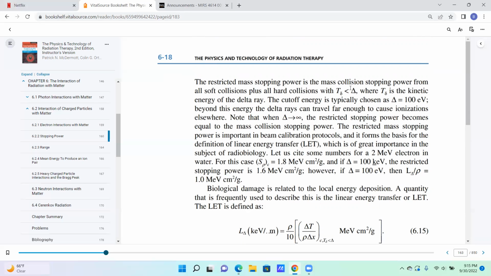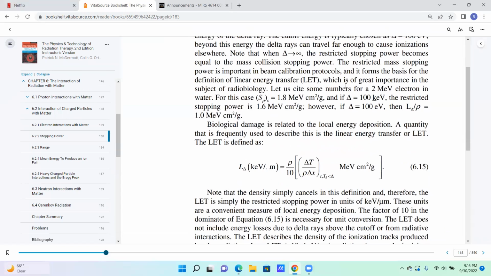The restricted mass stopping power is the mass collision stopping power from all soft collisions plus the hard collisions where the kinetic energy of the delta rays is less than some value. And the typical cutoff here is that value is less than or equal to 100 eV.